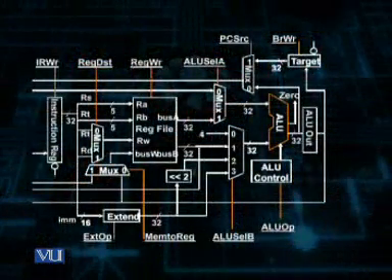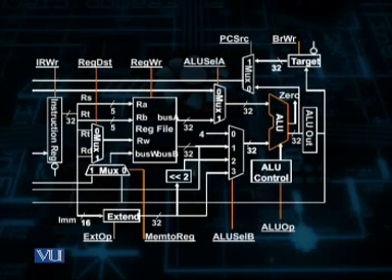Whereas the 5th clock cycle, which is known as the write back clock cycle, is used for different types of instructions. For the register type of instructions, during this cycle the result available in ALU out is written into the destination register.